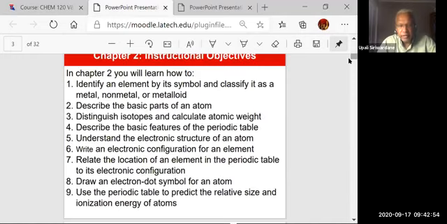From the location, elements in a group have the same valence electronic configuration, like halogens have 7 valence shell electrons. Based on valence shell electrons, we are going to draw electron dot structures for atoms. That will be used in bonding later. Also periodic trends like size and ionization energy, we are going to look into that.